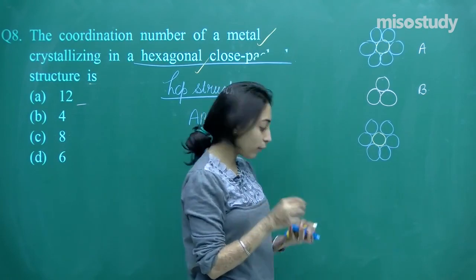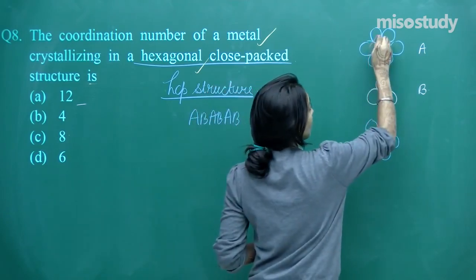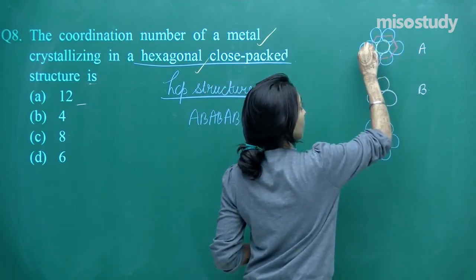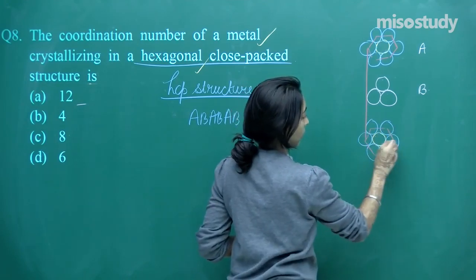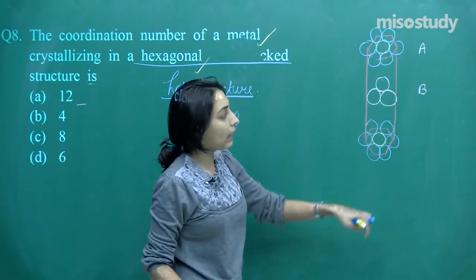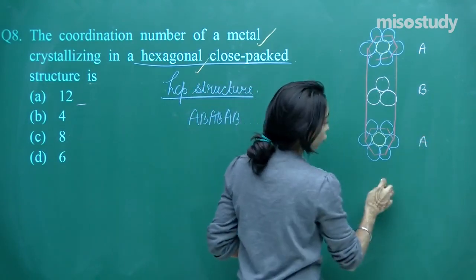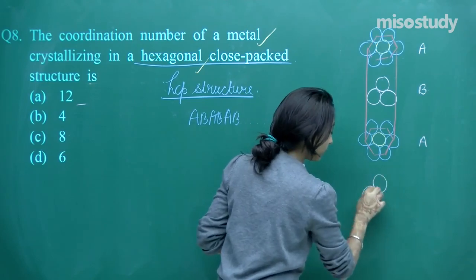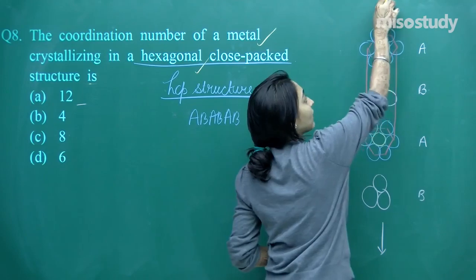So you can see there is the formation of a hexagon. See carefully, and the layers are A, B, A, B, A, B, and so on. So this is again layer number A. How to draw layer number B again? So this will continue and this will continue.